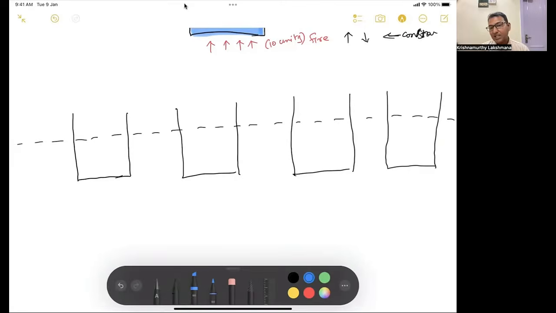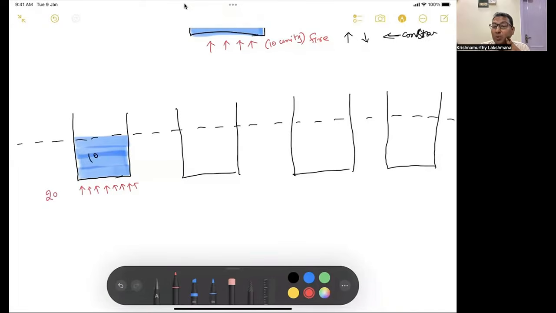So now in the first situation, we will keep the water the same, say 10 units. But we will double the fire. We will make the fire 20 units. Double the fire.